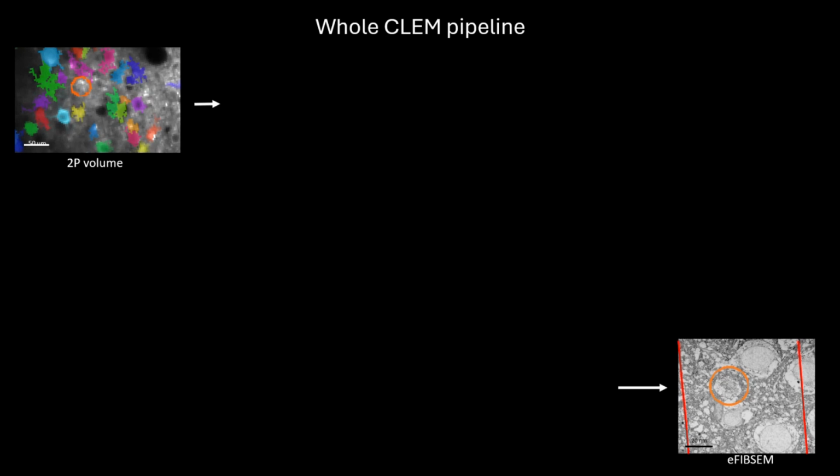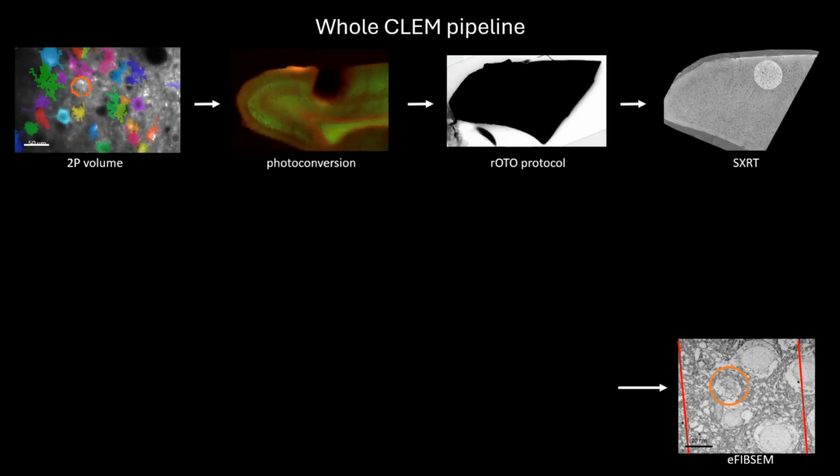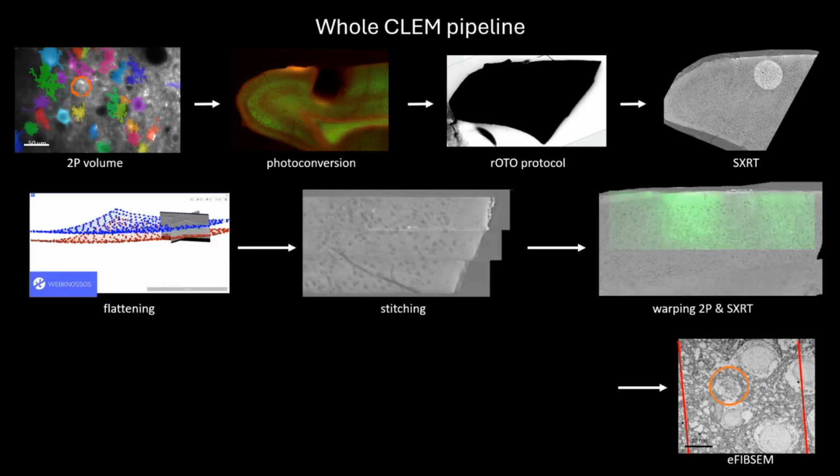That will involve collecting the two-photon data, then photoconverting this FM dye bolus, then going through the ROTO protocol for processing the sections for electron microscopy, then doing our synchrotron X-ray imaging, and then working together with WebKnossos, we have to do the flattening and the stitching, and then warping the two-photon data set and the X-ray data set together.